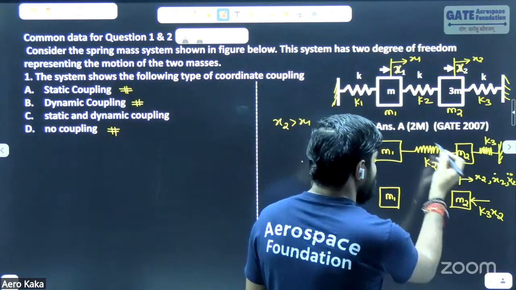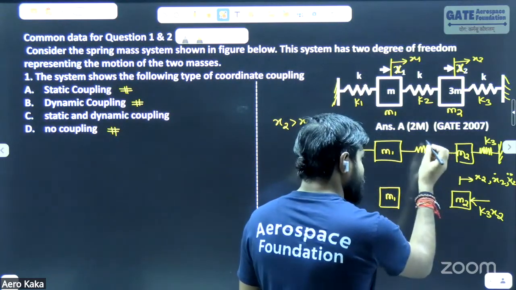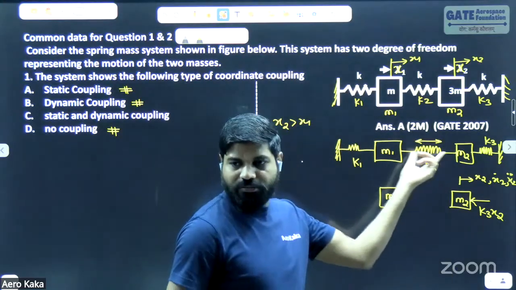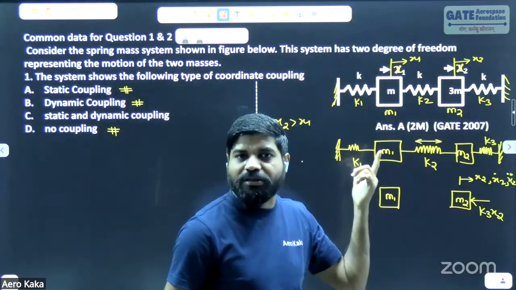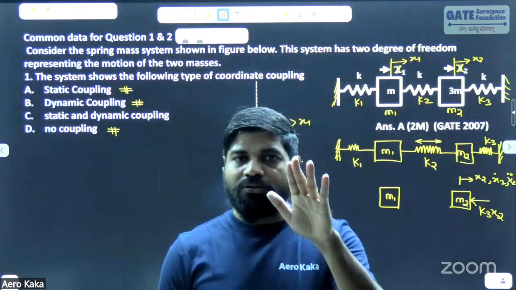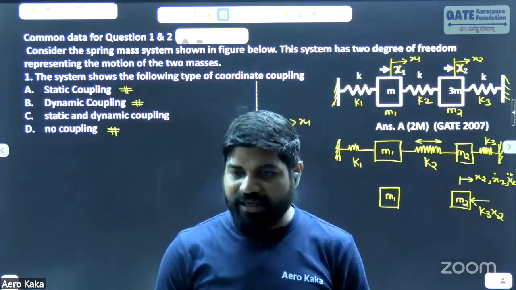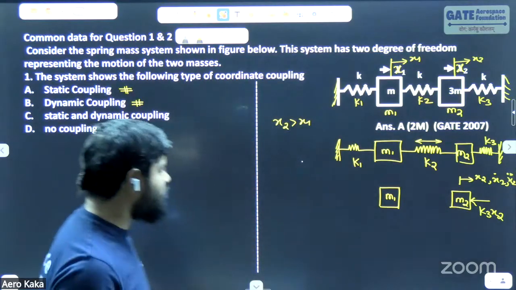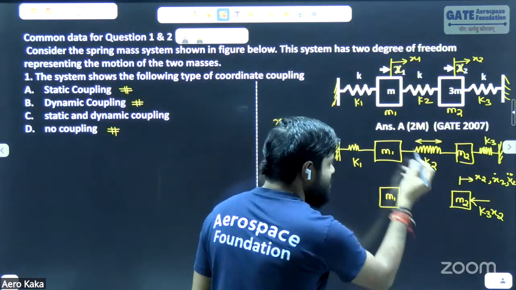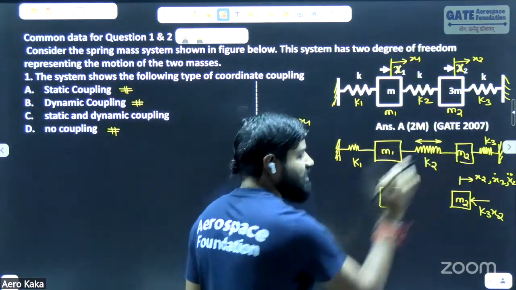Now, sir, in this case, could you tell me, see, in this spring, what happens? There is a relative motion between these two masses. What we have assumed is x2 is higher than x1. So we can take this as x2 minus x1. But most of the time, students make a mistake while marking the free body diagram for the first mass and second mass. How?